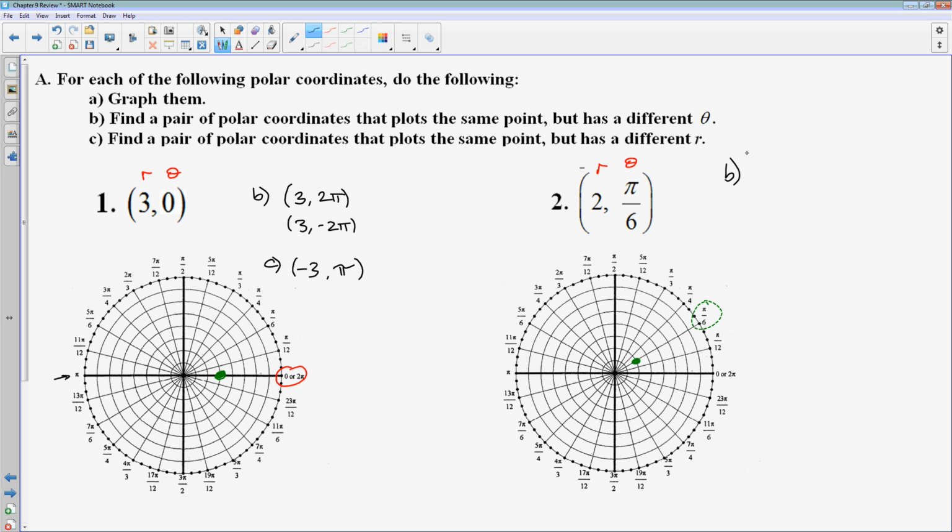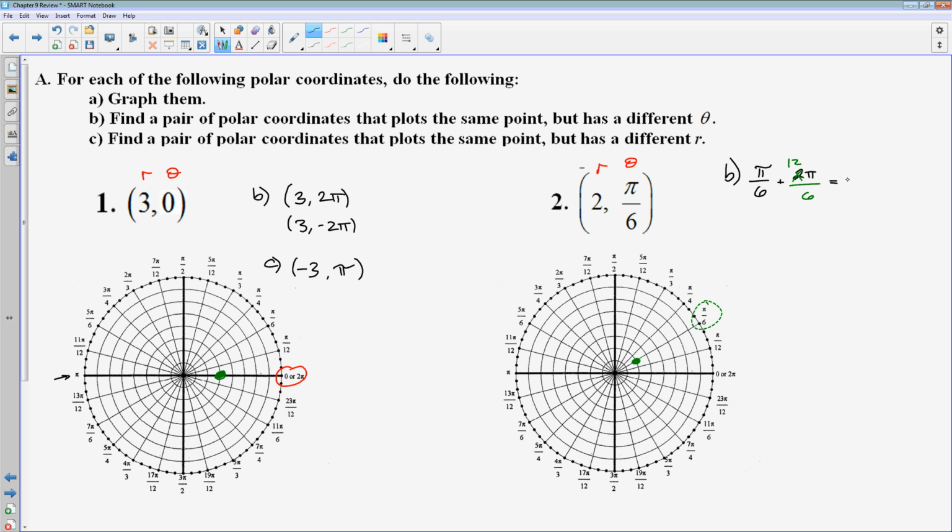And probably the easiest way to get the different angle would be to go all the way around the circle one more time. So what I could do, if you want an algebraic way of doing it, instead of just fuzzying your way around the circle, I started at pi over 6. If I add the entire circle, that will give me a new angle that's actually the same place, but it's going to look different. When you add pi over 6 and 2 pi, you've got to get a common denominator, so we'll change 2 pi into 12 pi over 6.